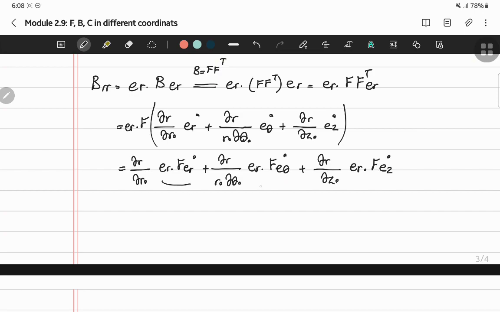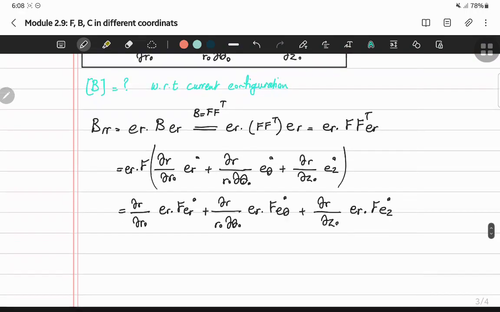Now I have to find F E R0, F E theta 0 and F E Z0, and then calculate the dot product with E R.